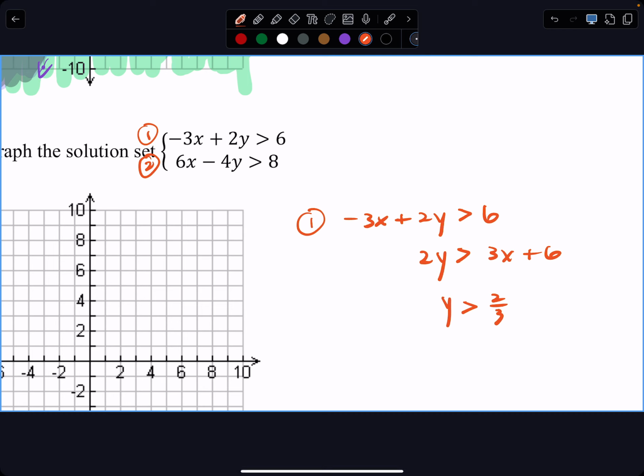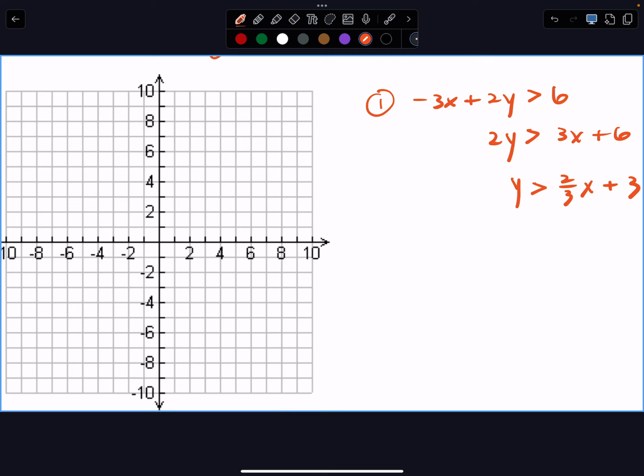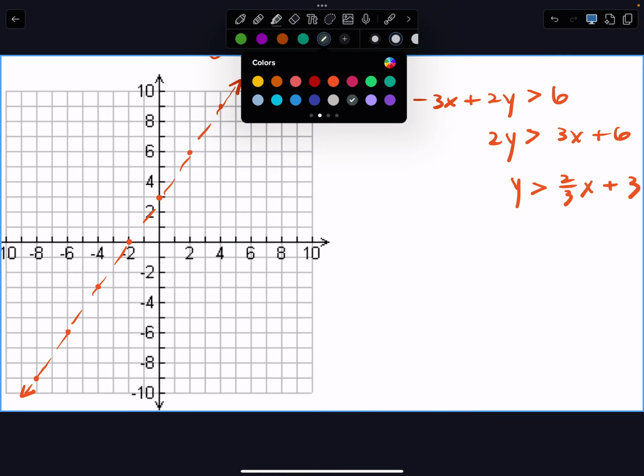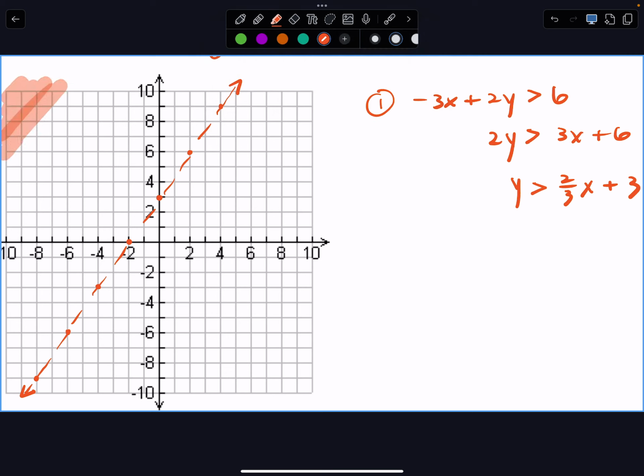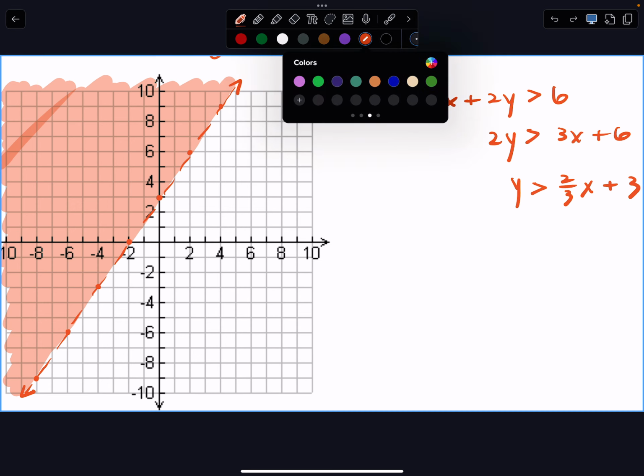If you divide by or multiply by a negative, yes. Apparently, so the sign switches.